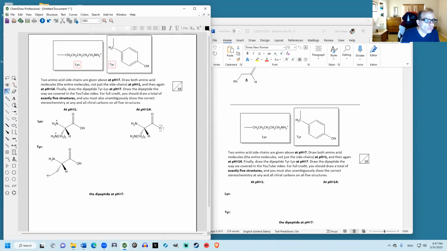Tyrosine is CH2, then the benzene ring, and OH in the para position. And that should be that. Oh, wait, I'm sorry. I'm at pH 1, so that means I need to protonate my amino group. There we go. Now we're good for pH 1.